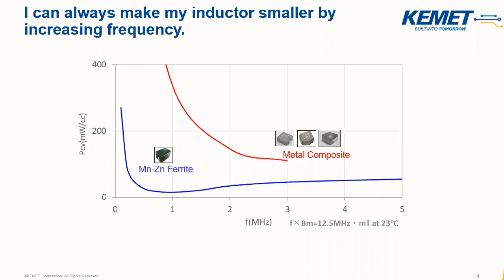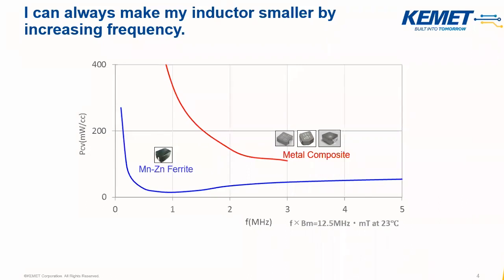So if we take a look at this graph here, you can notice that for ferrite material, they are very, very efficient as long as you stay typically below 1 megahertz. And as you go above 1 megahertz, you start to induce losses.